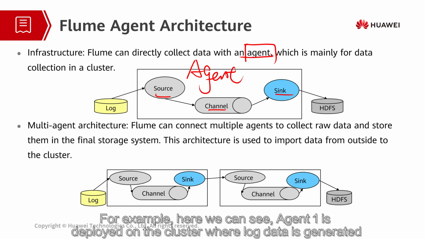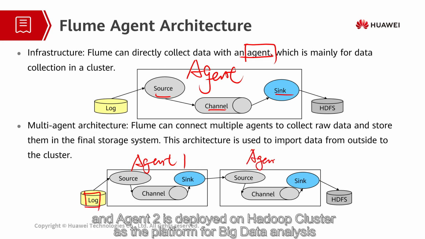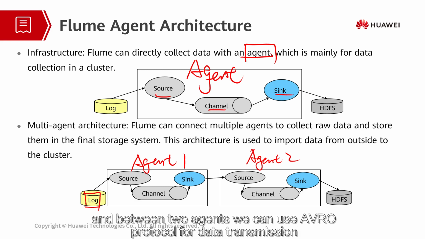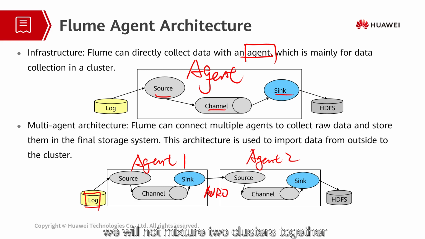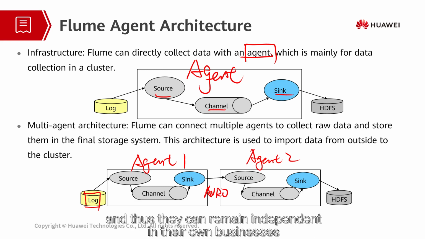For example, here we can see agent 1 is deployed on the cluster where log data is generated, and agent 2 is deployed on the Hadoop cluster as the platform for big data analysis. And between the two agents, we can use the AVRO protocol for data transmission. By doing so, we will not mix the two clusters together, and thus we can remain independent in our own businesses.